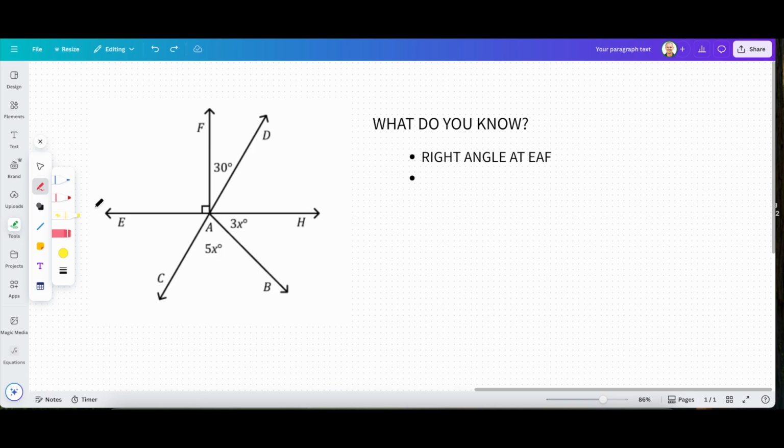This is 180 degrees. We know that. And so we know that half of it is 90. And we know that this half is also 90.